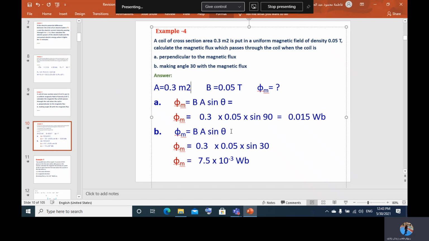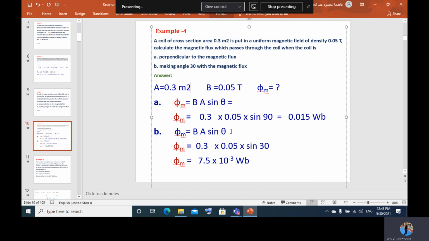I just put the numbers 0.3 times 0.05 times sine 90. And as you know, sine 90 equals 1. So it is as if I multiplied 0.3 times 0.05, and the result will be 0.015 Wb. Wb stands for Weber, which is the unit of magnetic flux.